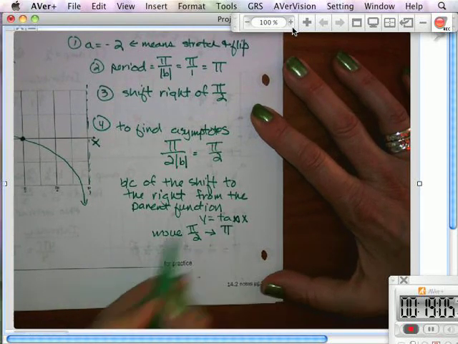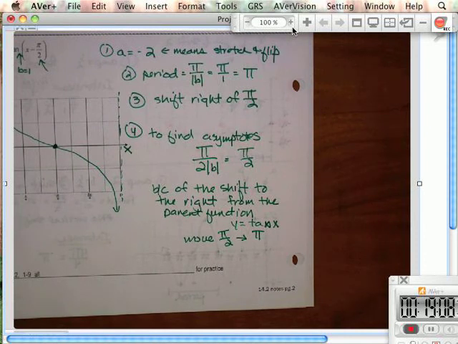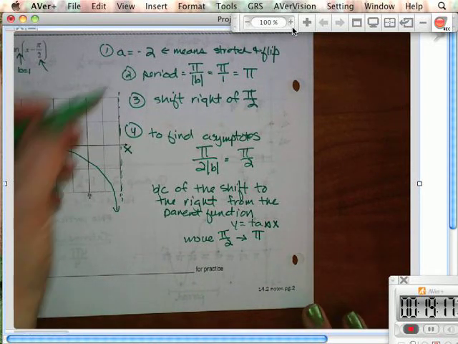That's basically what I was telling you earlier. I'm just writing it out. The shift from the parent function would start at pi over 2, and we have to shift it to the right, pi over 2. That's how it ends up at pi and 0.